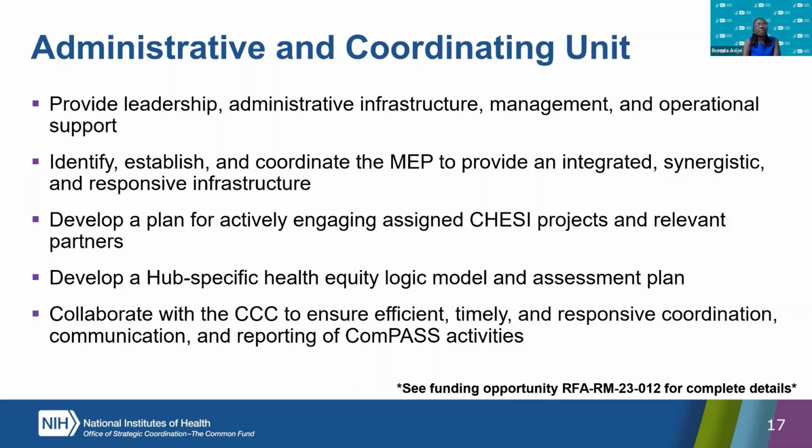But among these functions, the administrative and coordinating unit will provide leadership, administrative infrastructure, management, and operational support, identify, establish, and coordinate the MEP to provide integrated, synergistic, and responsive infrastructure, develop a plan for engaging assigned CHESI projects and relevant partners, develop a hub-specific health equity logic model and assessment plan, and collaborate with the ComPASS Coordination Center to ensure efficient, timely, and responsive coordination, communication, and reporting of ComPASS activities. I will now pass it to my colleague, Dr. Acevedo, to walk you through the rest of the hub units.